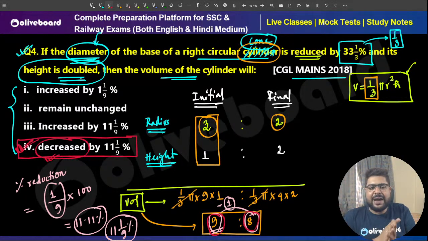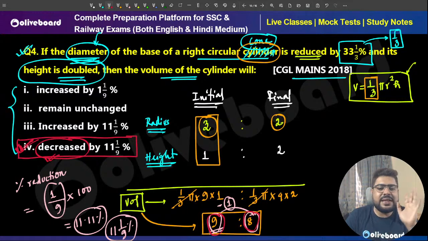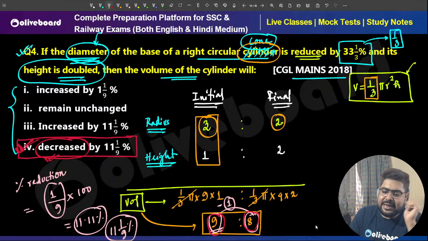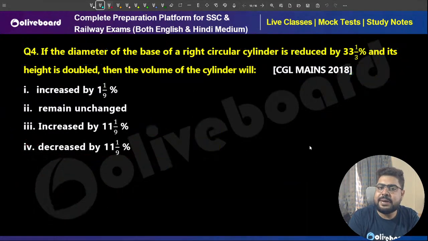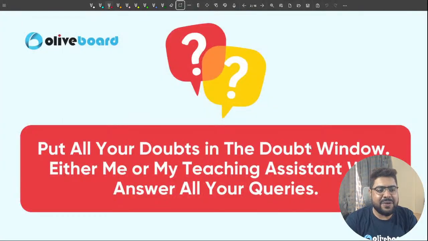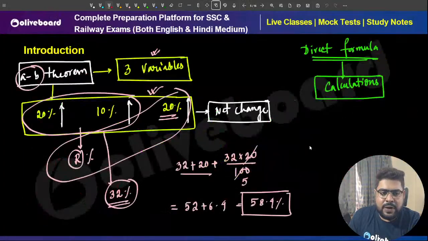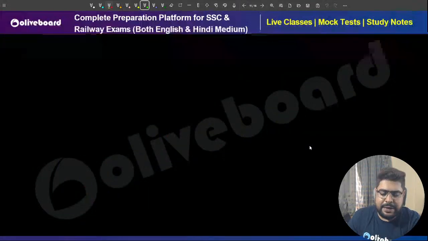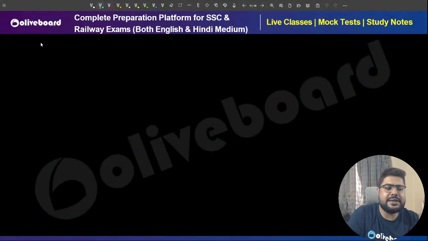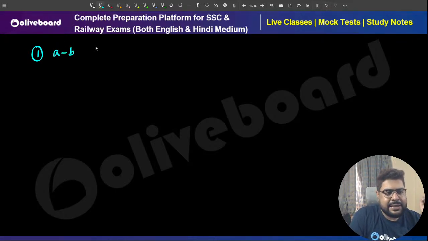Everybody, I hope this is clear. So this was our little discussion around the mensuration based questions on percentage. Let me give you a very quick summary. First we learned some questions using the AB theorem.